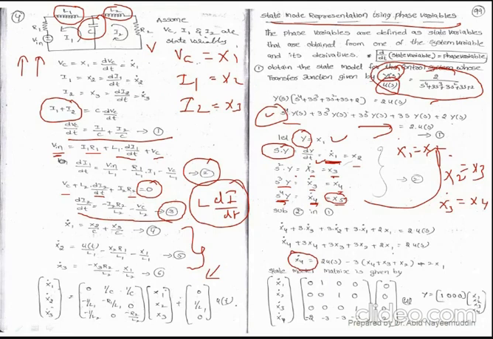So if you write the expression for these, you will get the rows for x1 dot, x2 dot and x3 dot. And for x4 dot, from the given problem you just form this row. This gives you the state model for the given transfer function. It is very easy to find out the things here.